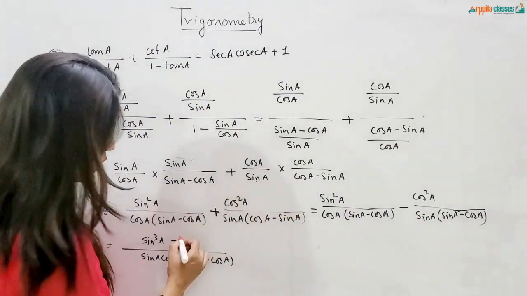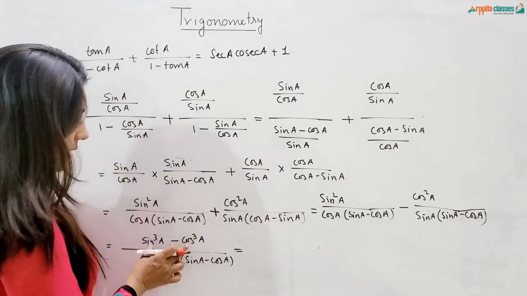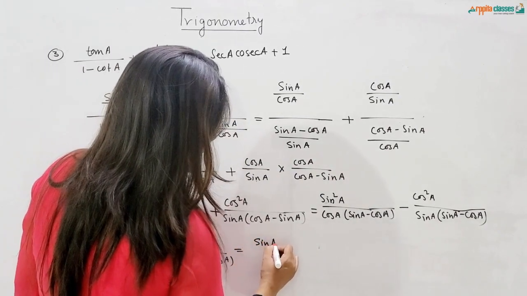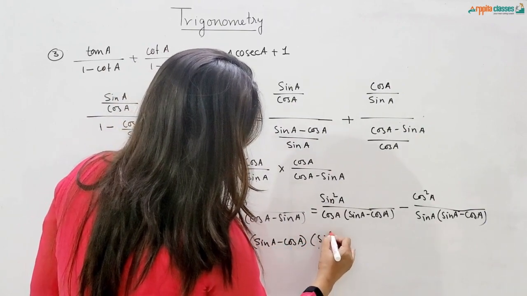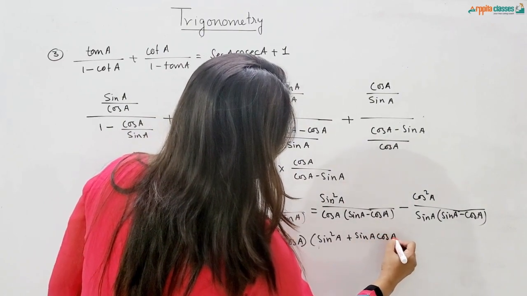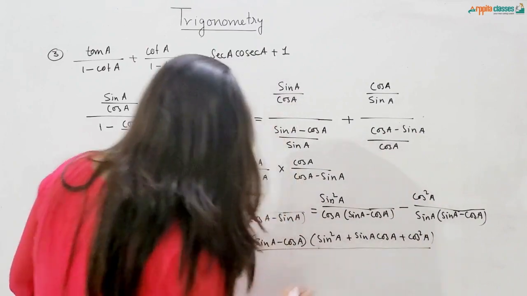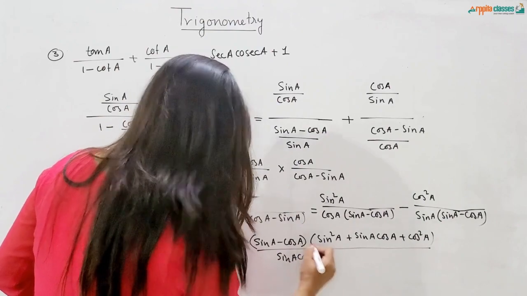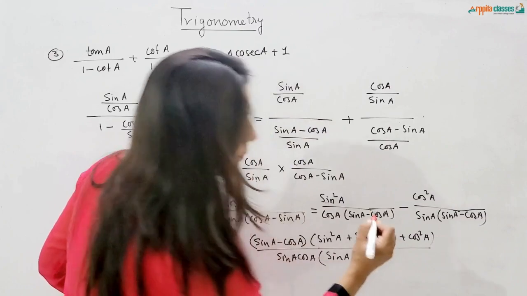Cos A into cos square A will give me cos cube A. Again I will be applying the formula for a cube minus b cube, which is a minus b whole into a square plus ab plus b square, divided by I have sin A into cos A whole into sin A minus cos A.